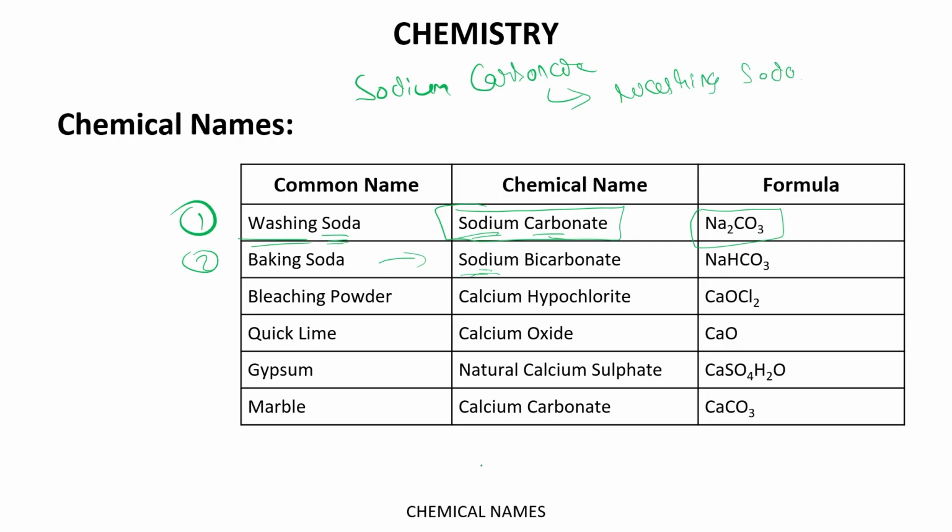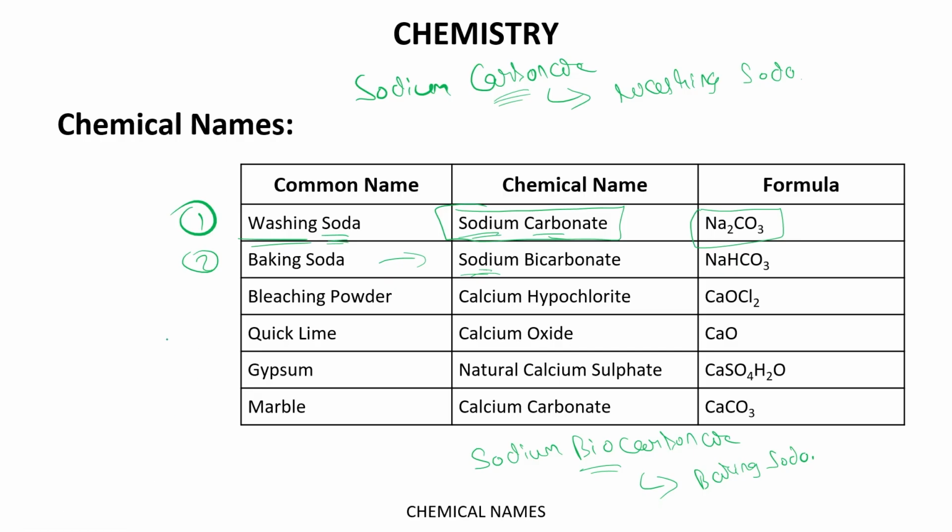But if we put sodium bicarbonate, then basically we are talking about baking soda. So just remember this difference. When it is only the carbonate, it is washing soda. When it is a bi in front of the carbonate, then it's baking soda.